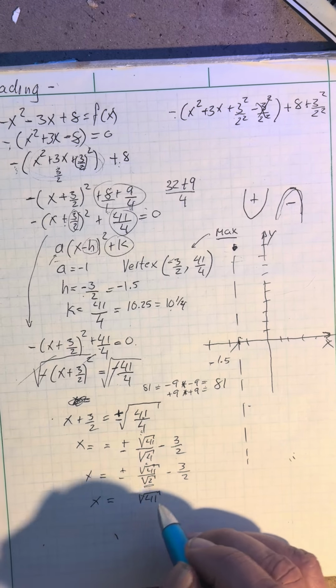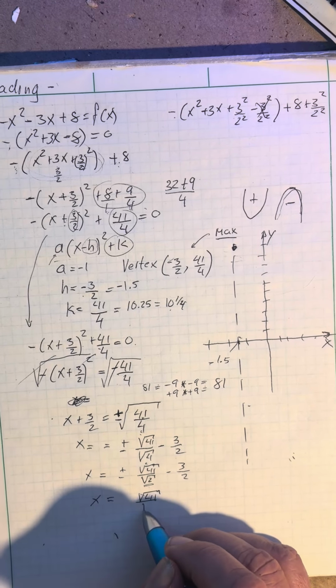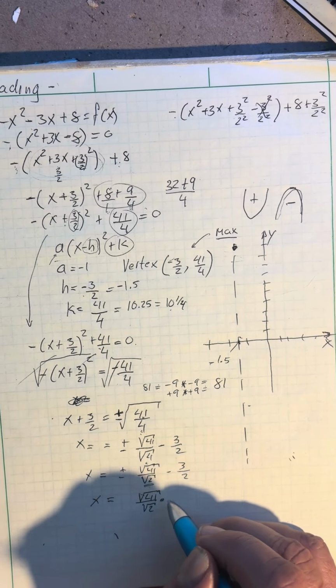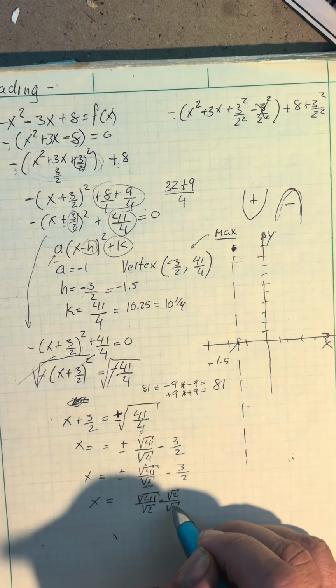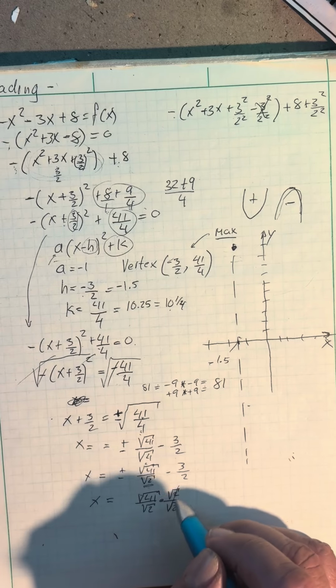I know you'll be like, what the hell? Square root of it. We multiply by 1. But that's not multiplying by 1. Yes, it is. This is 1.